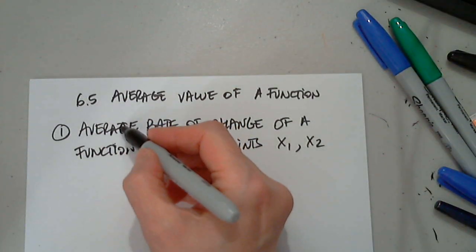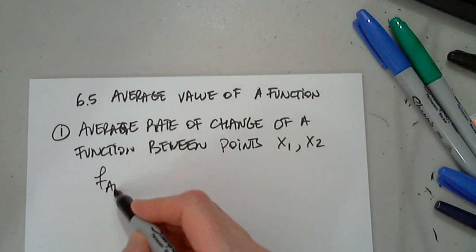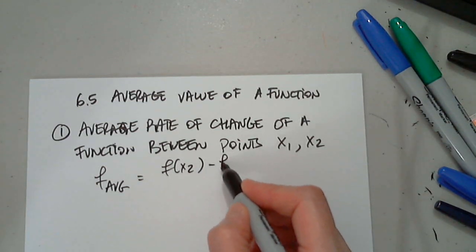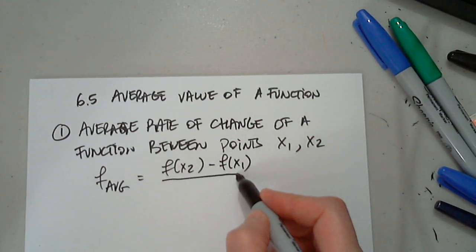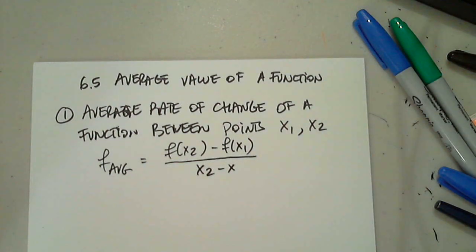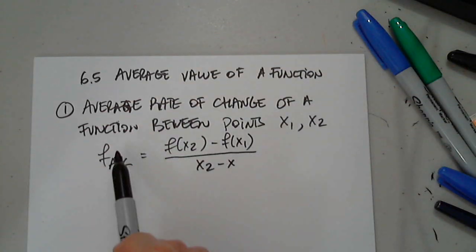The f average in this case is f of x2 minus f of x1 divided by x2 minus x1. It's the slope of the line passing through those points. So this is the average rate of change of a function between 2 points.